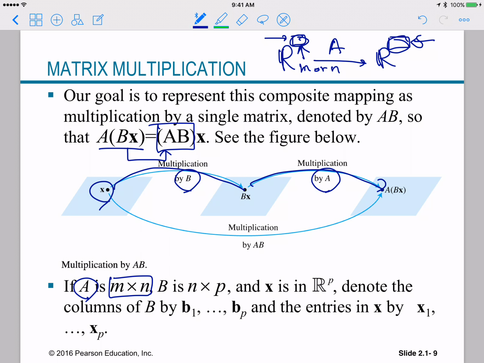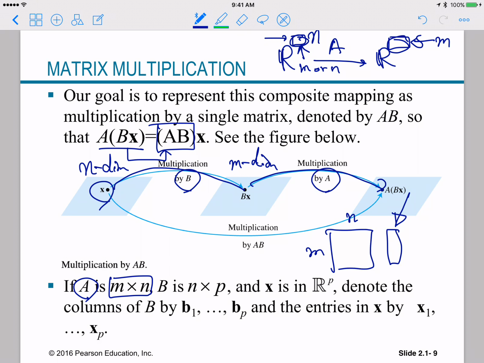So the question is, what is the dimension of the domain of A? A is m by n, and so we have to think about the dimension of the input vector x. So it should be n. It's n to m. Okay, so it's n dimensional, then it's transformed into an m dimensional vector.